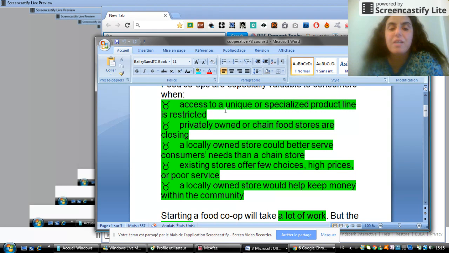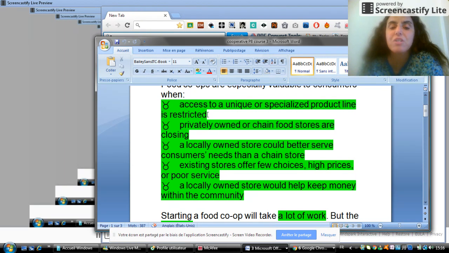That is, a matter of access to a unique or specialized product line that is prohibited for people at Hisalam, that is, a particular district, or which they cannot use in order to consume a particular product or to use a particular service.